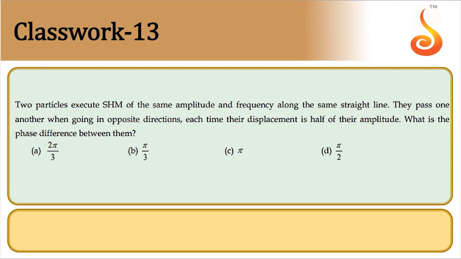Yes, let me take it to the next slide for solving it. So the two particles cross each other at y equal to a by 2 when they are traveling in opposite directions. So if I take the graph to understand what we need to calculate, this is the graph for simple harmonic motion, y versus t.